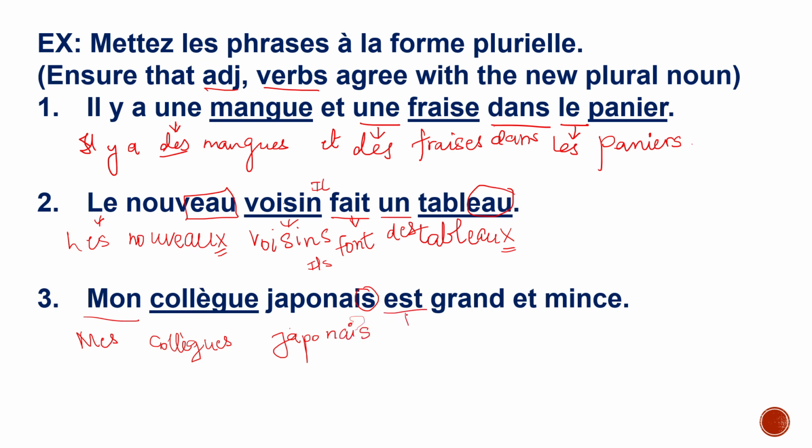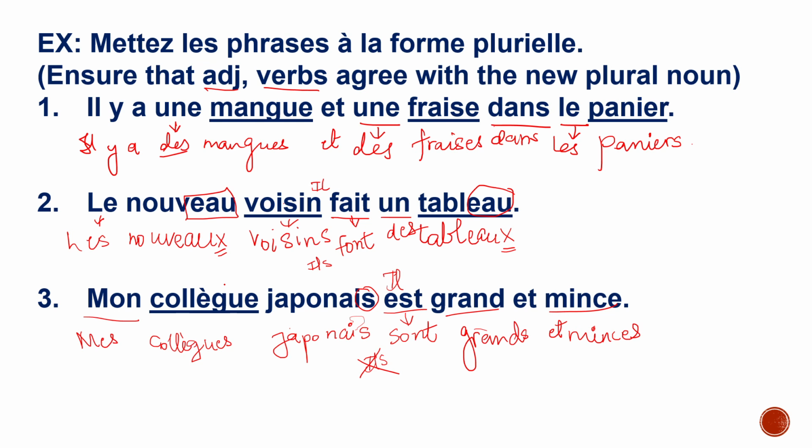Il est, you have to put it in the plural, it is ils sont. Now these are adjectives again, so these will change. Grand will get an extra S, mince will also get an extra S. So this becomes mes collègues japonais sont grands et minces. Just one word has been underlined, but your entire sentence has changed.